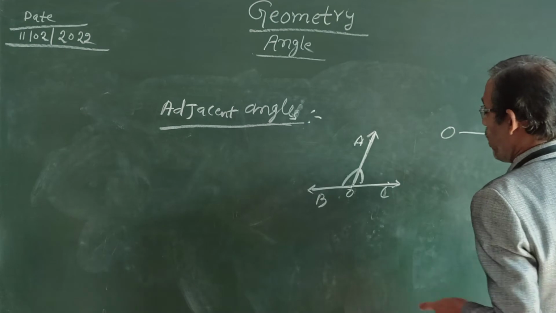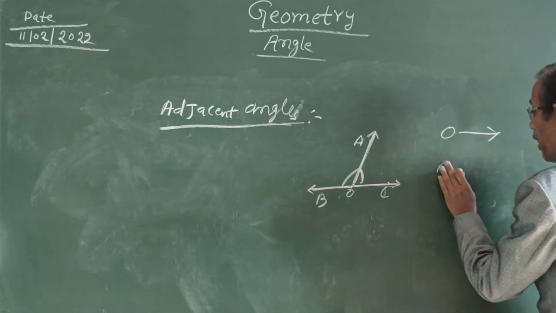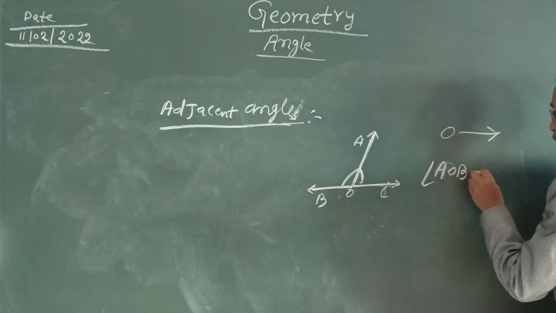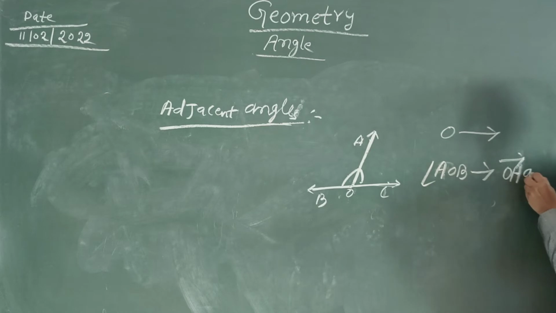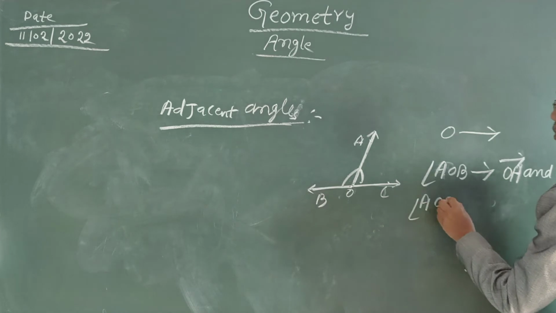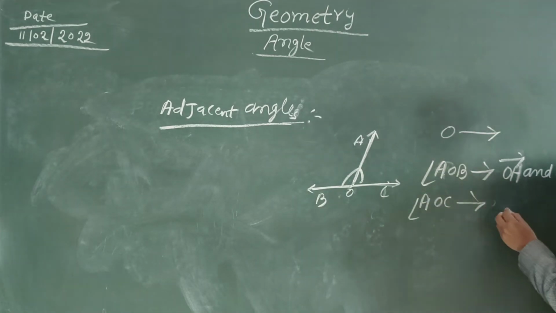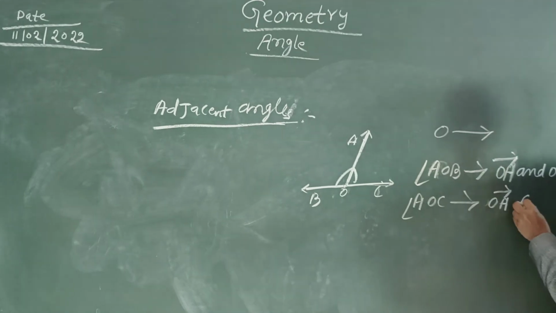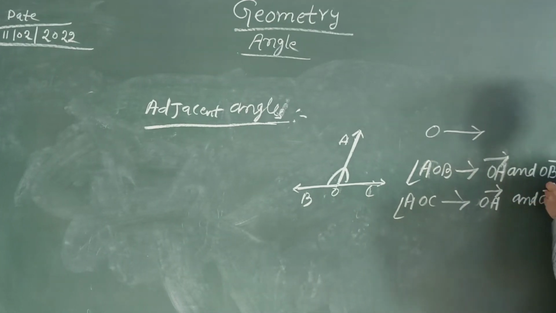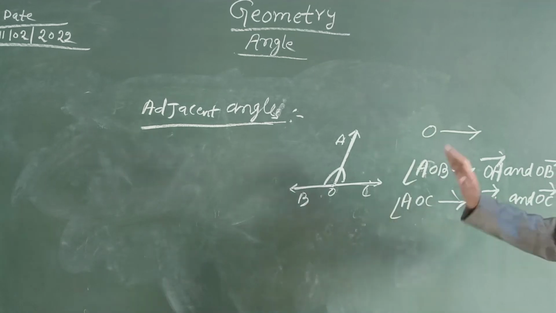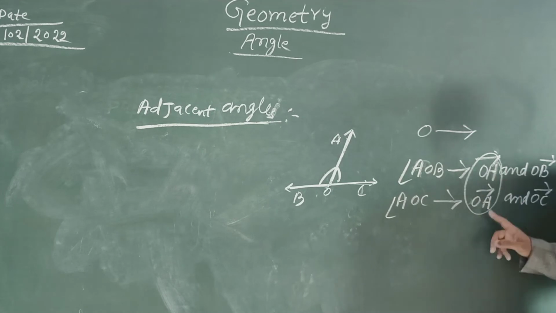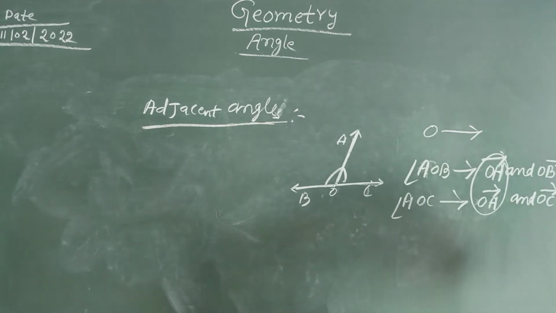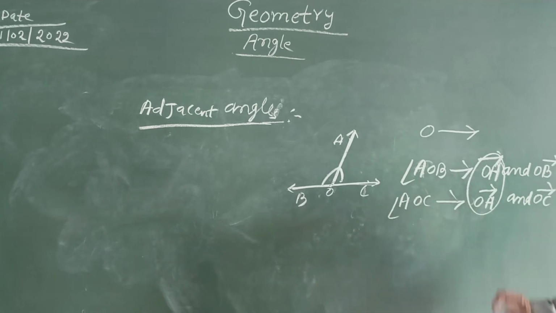Now, angle AOB is formed by two rays OA and OB. And angle AOC formed by two rays OA and OC. Here see that for making these two angles, OA exists for both.